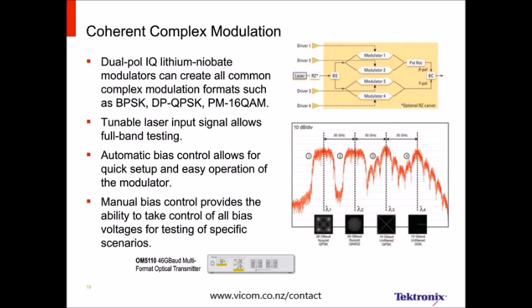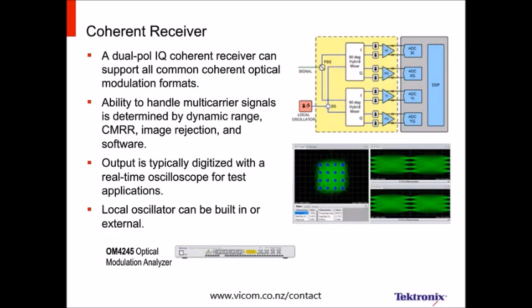Now on the receive side, this is perhaps a little more familiar, but basically what we need to do is downconvert the optical signal. So we're going to bring the signal in, and it's going to get mixed with a local oscillator. So a lot of the measurements you're going to make are going to be all relative to that local oscillator.